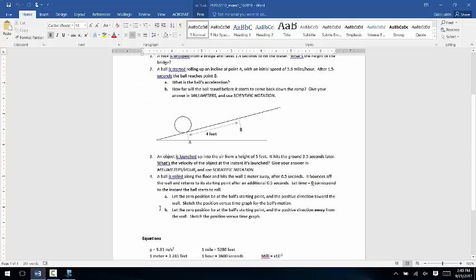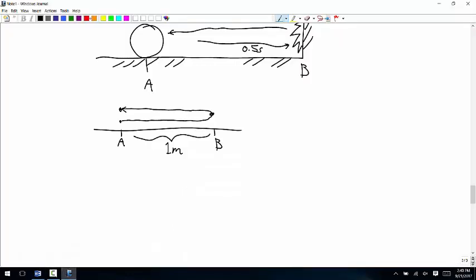Okay, so for part A, for both of them, we're going to let time equals 0 correspond to when the ball starts rolling. So this instant is going to be 0 seconds. And so half a second after 0, this is going to be labeled 0.5 seconds. And another half second, this is going to be 1 second.